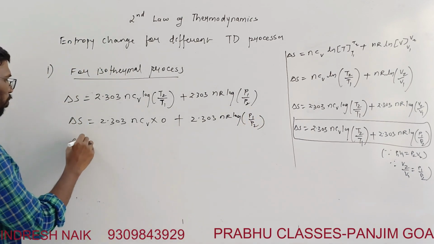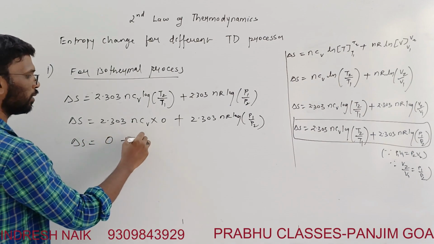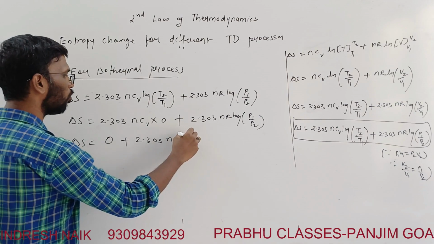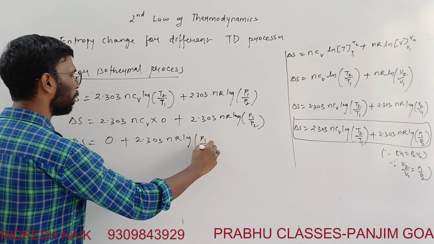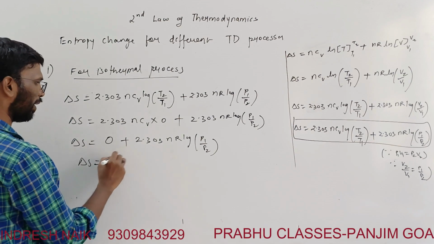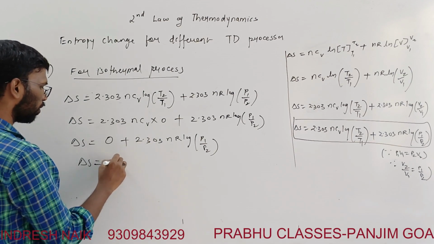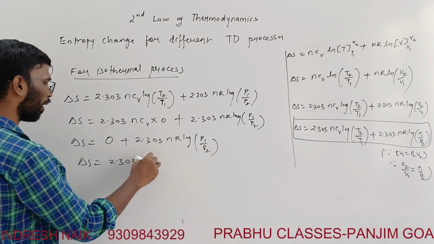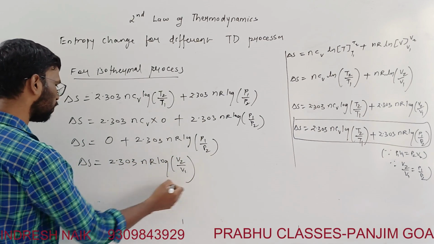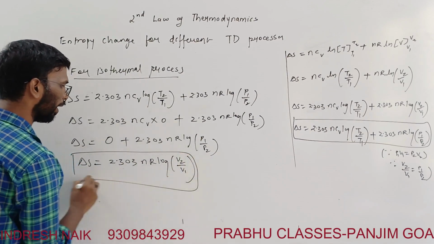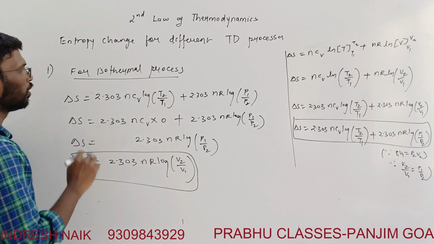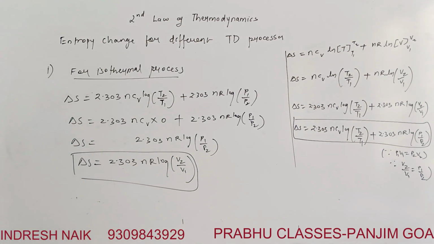So this whole term will become 0 plus 2.303 nR log of P1 by P2. Or we can also write entropy in terms of volume: delta S is equal to 2.303 nR log of V2 by V1. This is also true. So this is for the isothermal process.